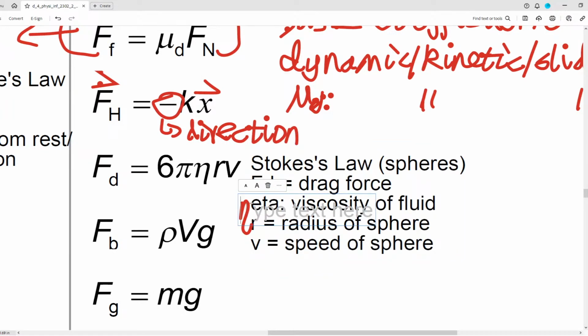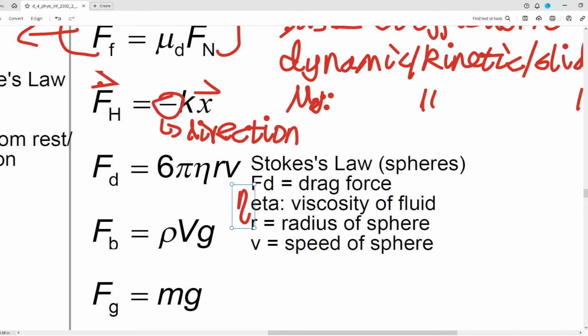The force will always be opposite the direction of velocity.